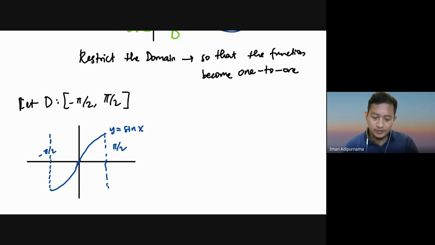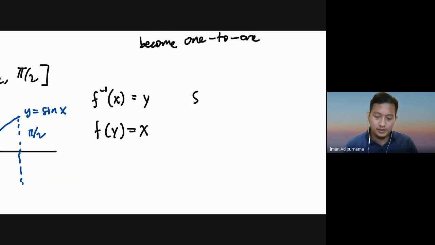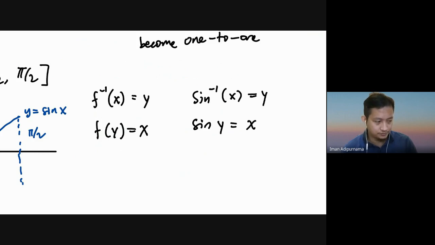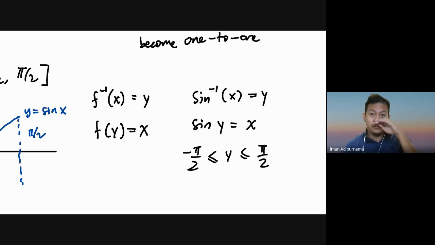Since this is the definition of the inverse, we will have sine inverse x equal to y, and sine y is equal to x, and y will be from negative pi over 2 until pi over 2.